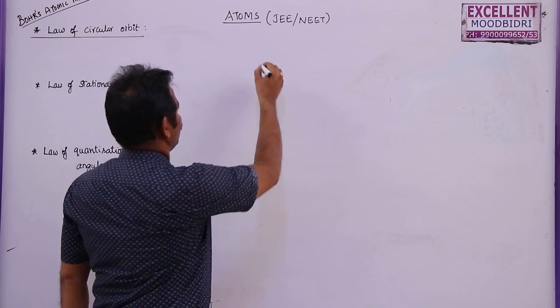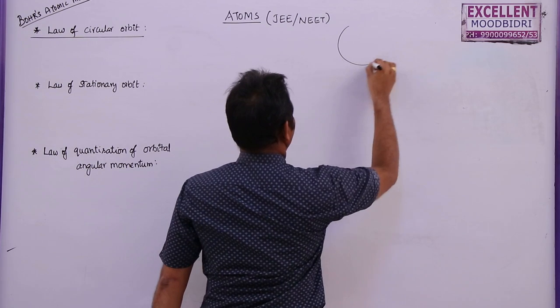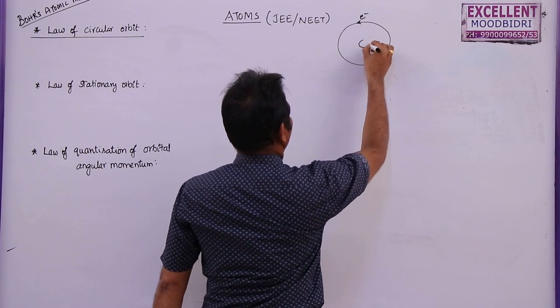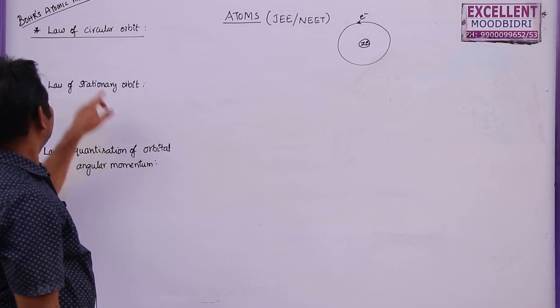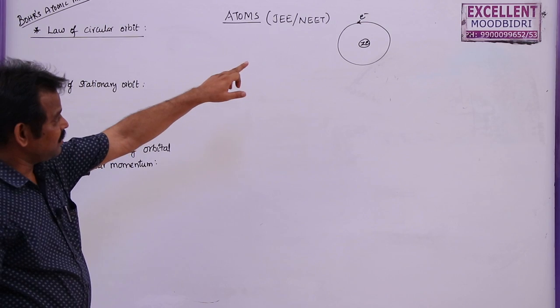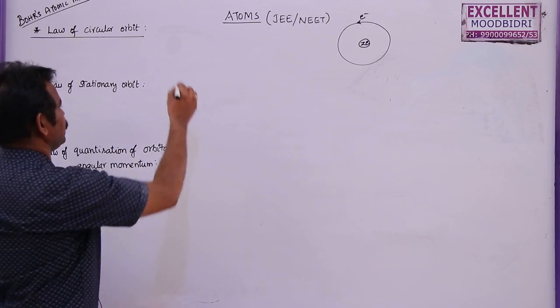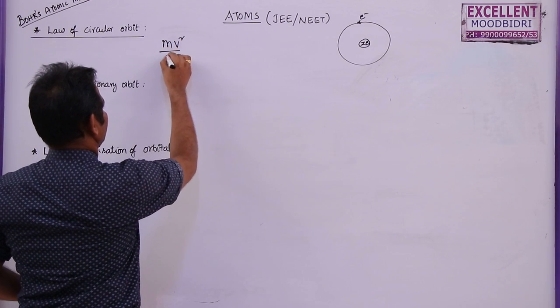If you take one atom here, in any atom, if an electron is revolving around the nucleus having a charge Ze, the necessary centripetal force for this electron to revolve in this orbit is given by mv square by r.